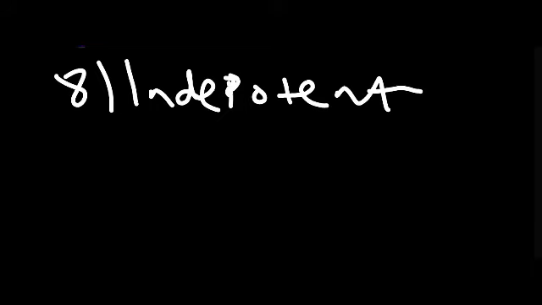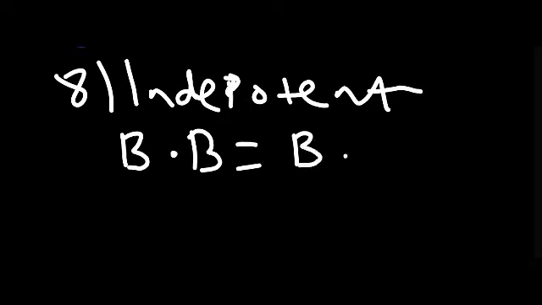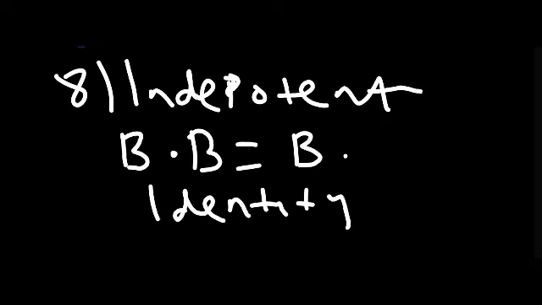So if you have matrix B, it means if you multiply matrix B times matrix B, it actually gives us the same matrix B. So a very good example of this matrix is an identity matrix, right? If you multiply the identity matrix by itself, you'd still have the identity matrix.